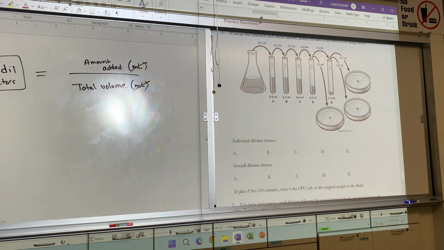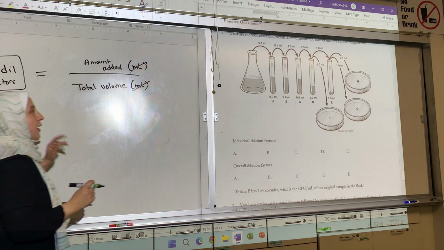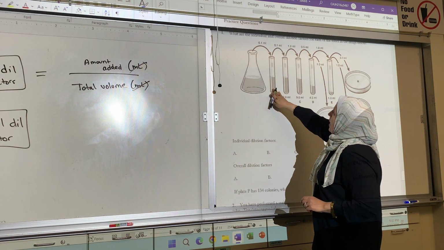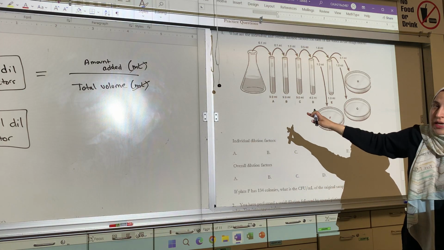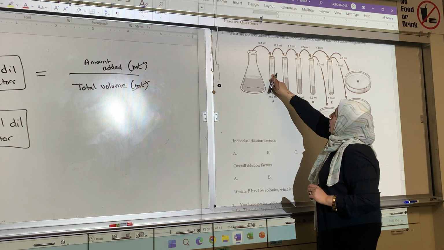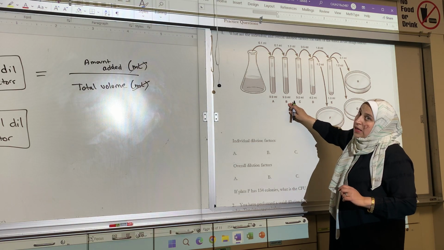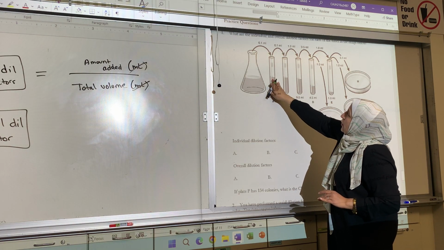Okay? The next equation that we're going to need is the overall dilution factor. So for example, this tube here, we've diluted it out 1 over 100 times, or 10 to the negative 2. Then when we use that liquid to make our second dilution in B, this liquid is already dilute.